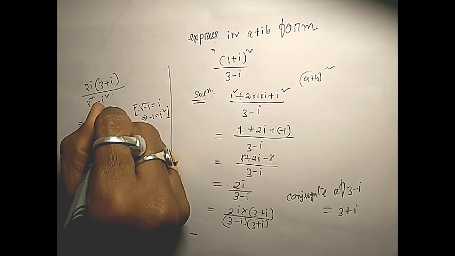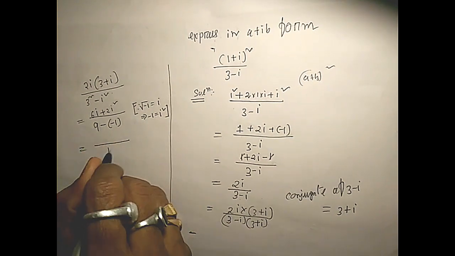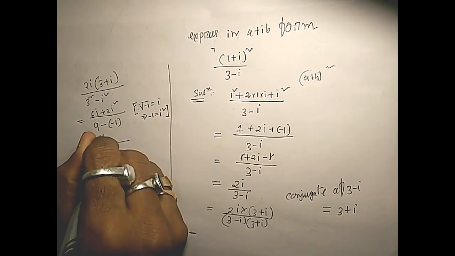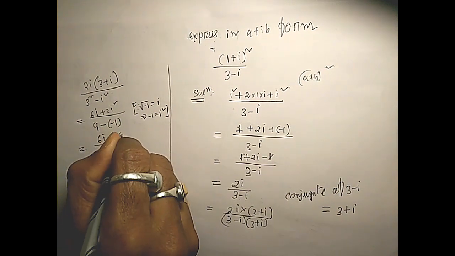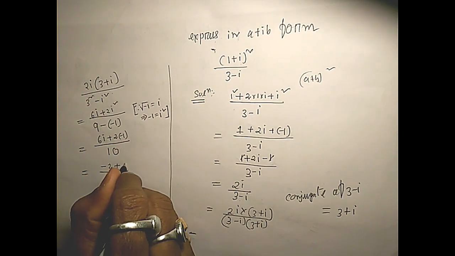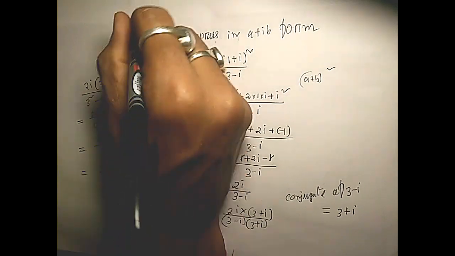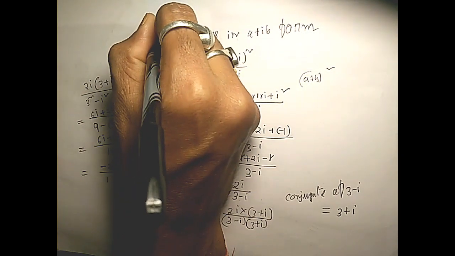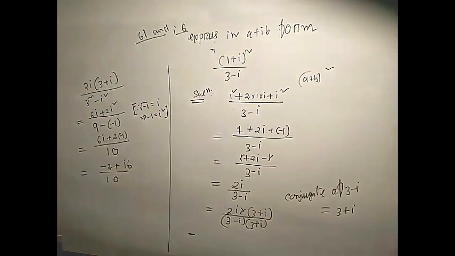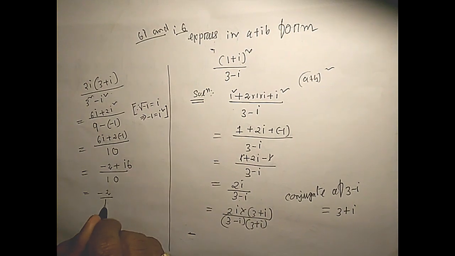So twice i into 3 is 6i, twice i into i is twice i square. So 9 minus minus 1, that is 9 plus 1, 10. In the numerator, 6i plus 2 into minus 1, so minus 2 plus i6, divided by 10. And don't confuse 6i and i6, both are the same.